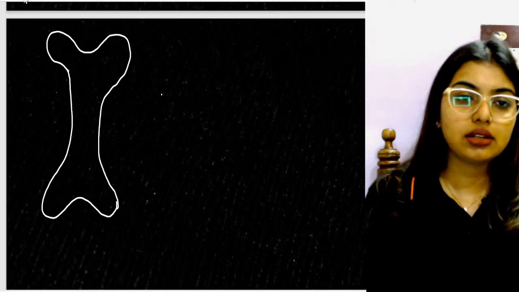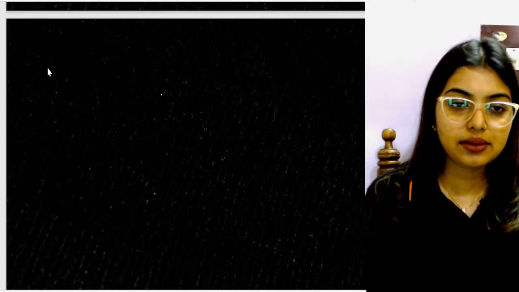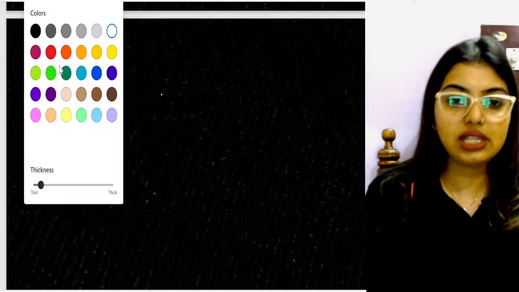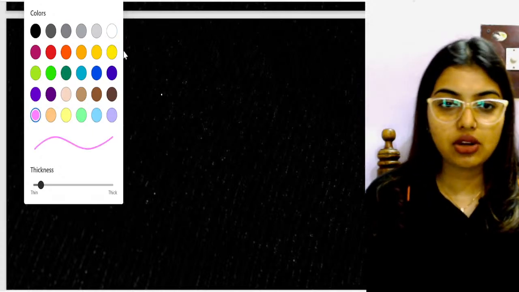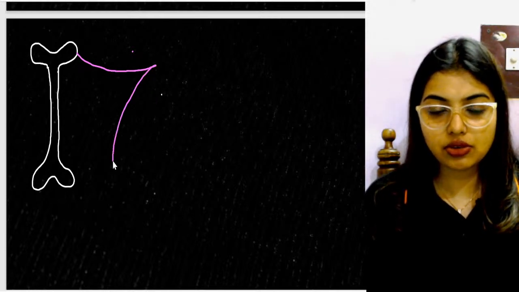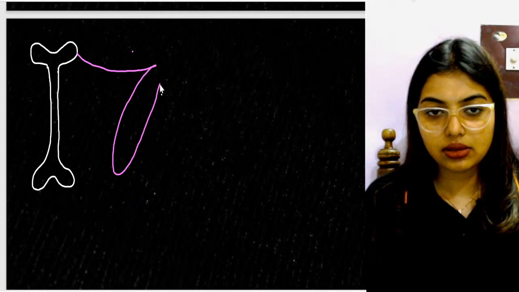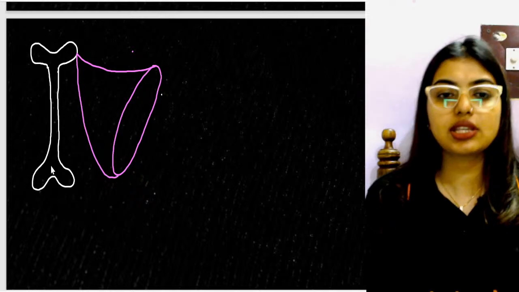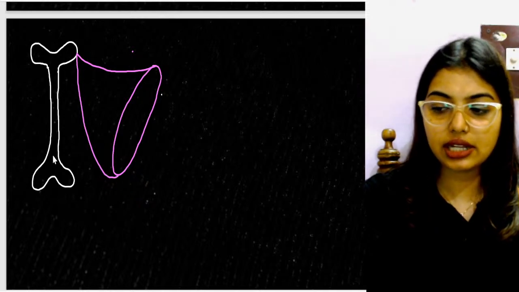Now, to this your skeletal muscle is going to be attached. So this is going to be your muscle. Okay, this is going to be a skeletal muscle. Got it?